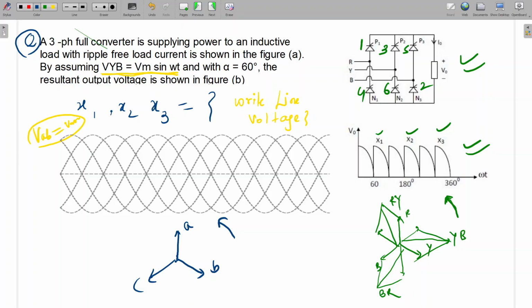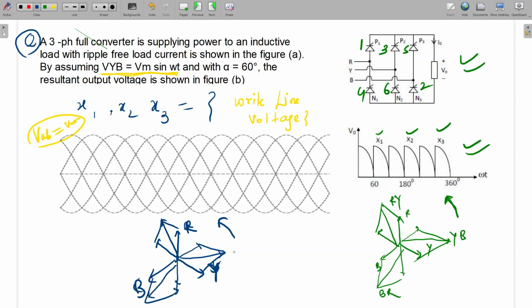Here they have given R, Y, B. So RY will come here. What is YB? VY minus VB. So this is VYB. And VBR is VB minus VR, so that will come here.